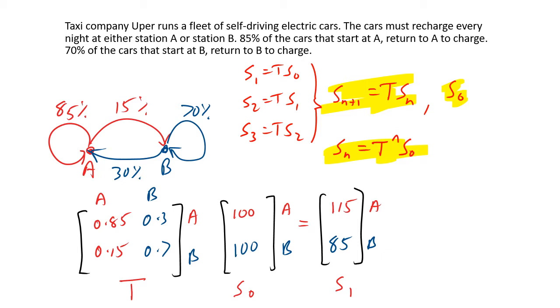So if I wanted to find S5, what does that equal? Well, I could have done S4 equals T S3, S5 equals T S4, and I could have to do all that in recursion, or we could just go T to the power 5 S0.